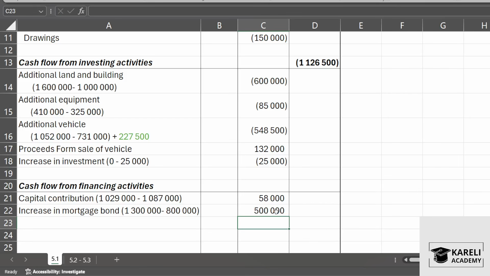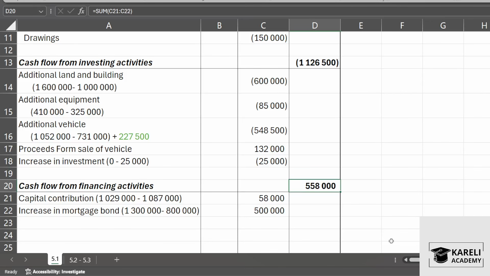Now, the difference is 500,000. Now, if it's an increase, you don't put it in brackets, but if it is a decrease, you put it in brackets. There. And then you add the two, and they give us 558,000.